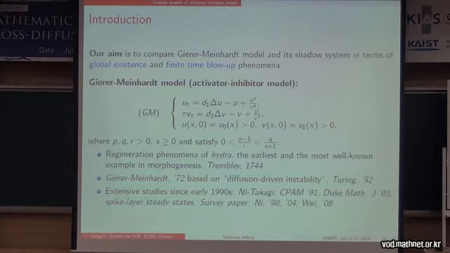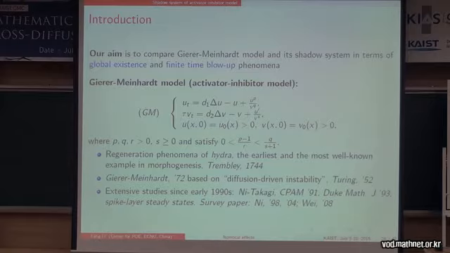A natural assumption here is the condition (p-1)/r < q/(s+1). This is a very important assumption because this model is formulated based on Turing's idea of diffusion-driven instability, which is reflected by this assumption.